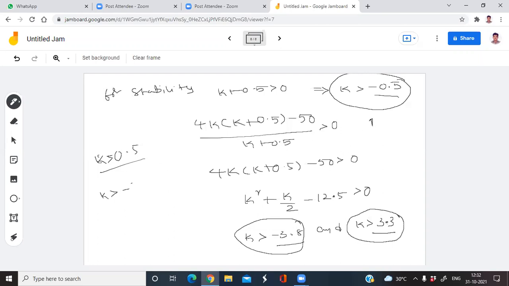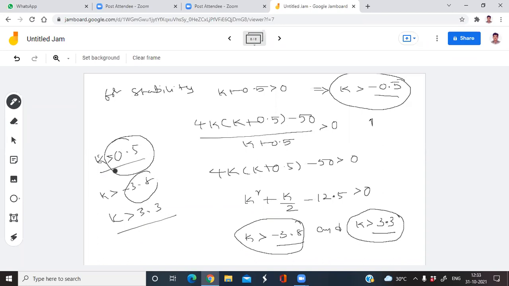Similarly, k greater than minus 3.8 satisfies only this condition, not these two. Now finally, whenever k is greater than 3.3, definitely k is greater than minus 3.8 and minus 0.5. Is it true or not?